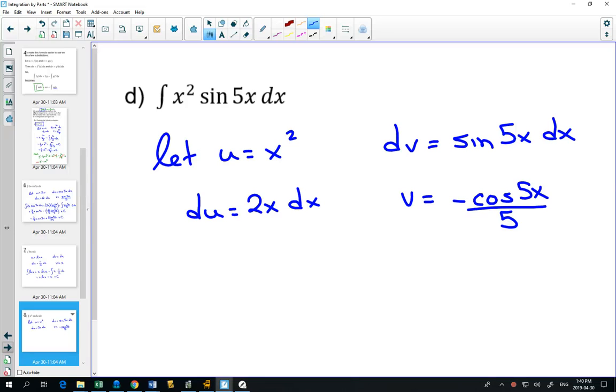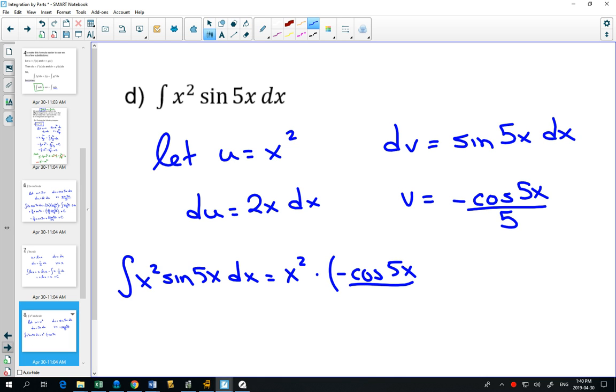Write out our integration by parts formula. Our original function will equal u times v, x squared times negative cos 5x over 5, minus the integral of v times du.